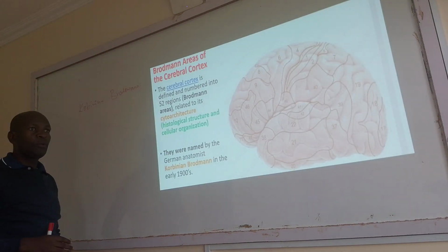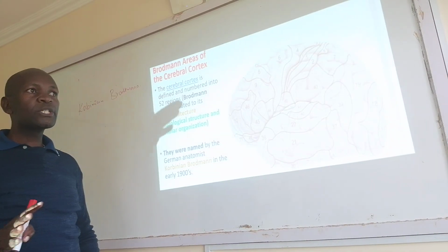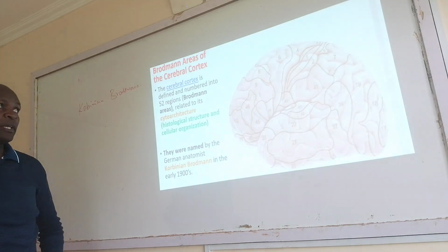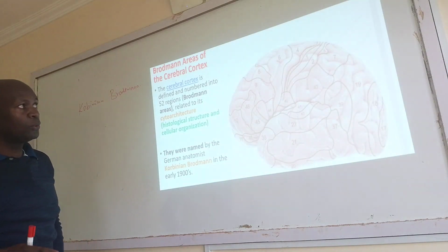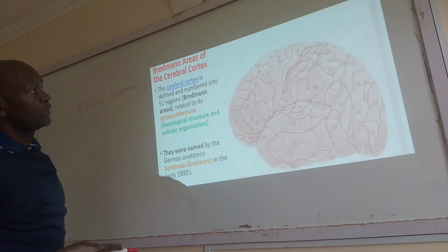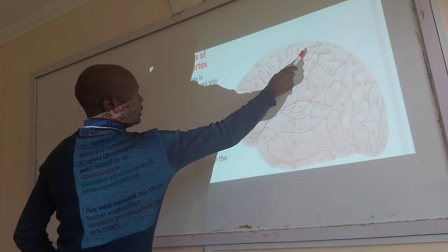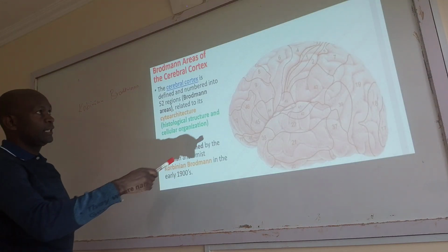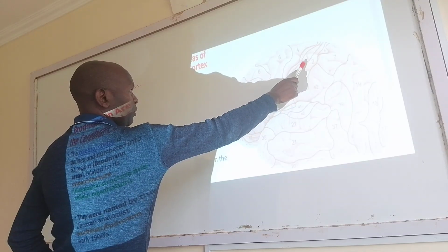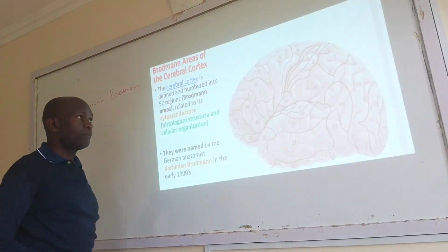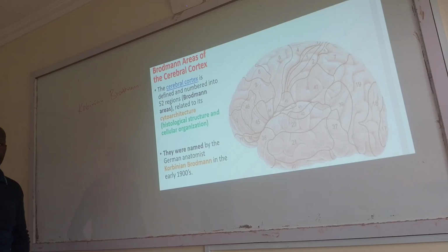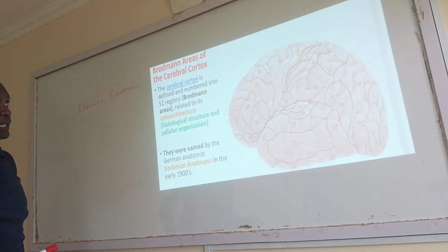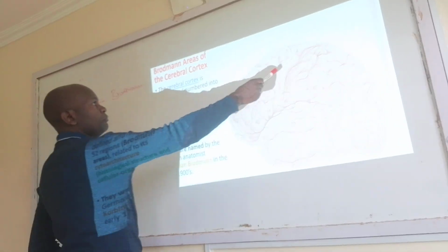For example, the area that deals with the sensory aspects, that is interpretation of the sensory stimuli, is area number 1, 2, and 3. This is this region here, 1, 2, and 3. So these areas are named Brodmann Area 1, Brodmann Area 2, and Brodmann Area 3. The area that deals with the motor aspects, he classified as Brodmann Area 4.